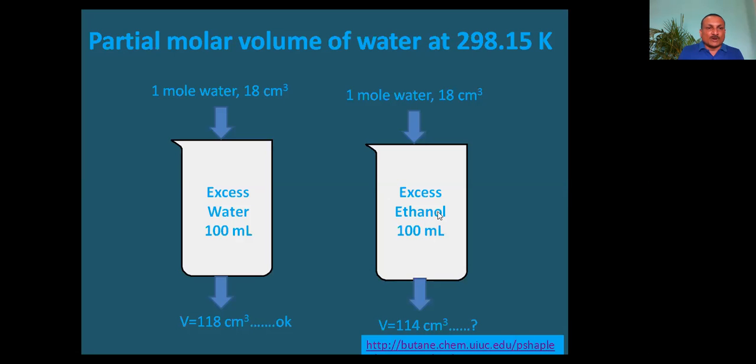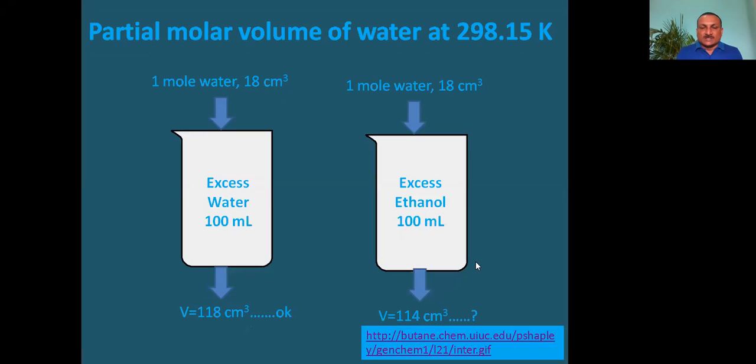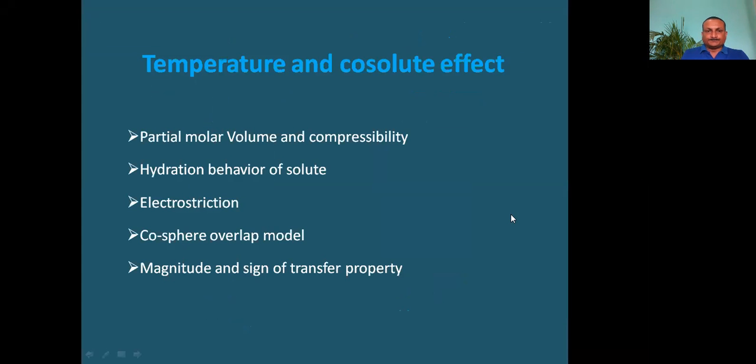These are responsible for the contraction in the volume. So this partial molar volume is a very important property. Similarly, the partial molar compressibility also is an important property which will give you significant information about different types of interactions present in the solution.